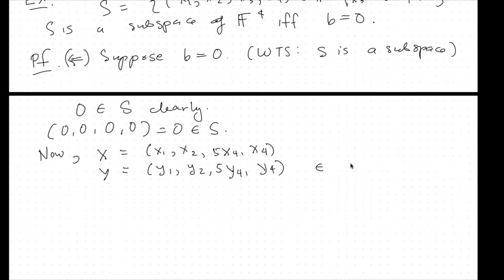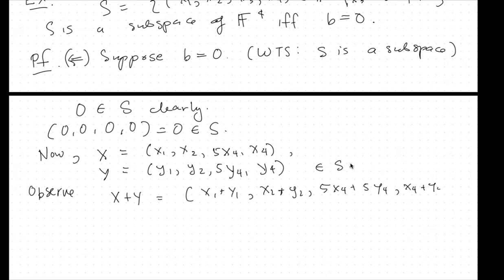These two are elements of S. Now, observe that x plus y will be, by the operation, x1 plus y1, x2 plus y2, 5x4 plus 5y4, and then x4 plus y4.